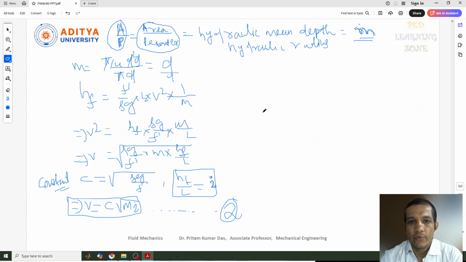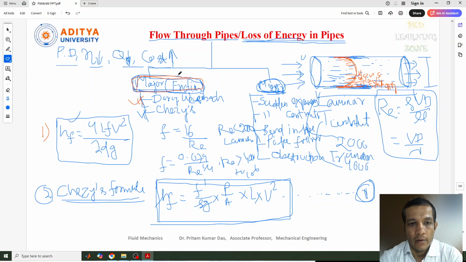So this is all about the major loss. When fluid is flowing through a pipe, due to friction there is a major loss in the pipe flow, and the other effects of these losses we have also discussed.